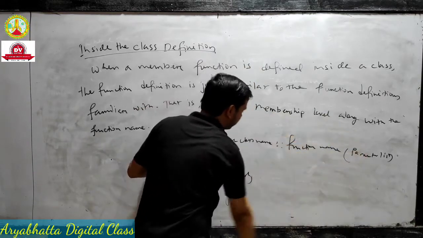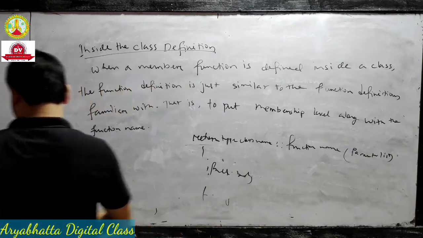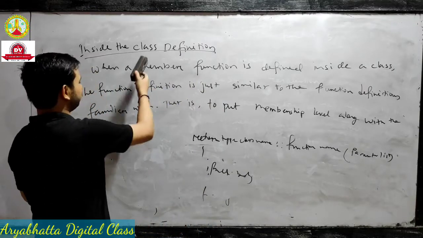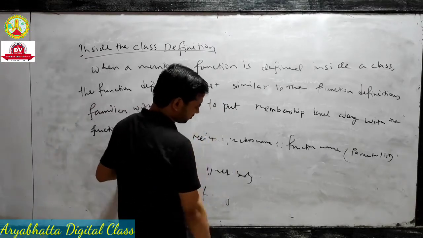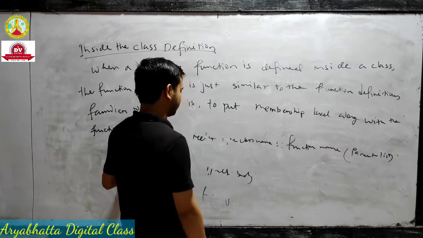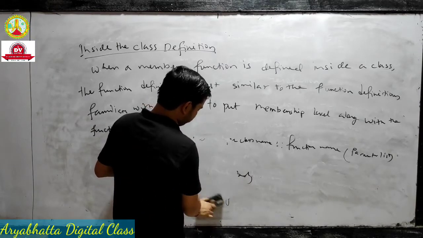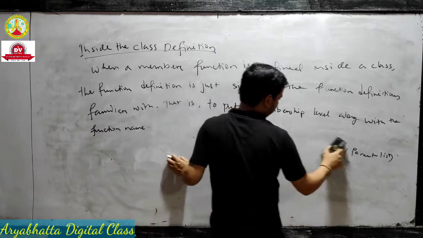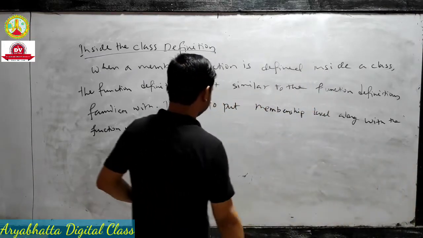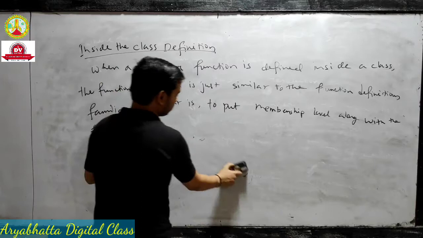The form is similar. Accessibility mode is different. Okay. Inside the class means its accessibility mode is what? Private or protected. But outside the class means its accessibility mode is public. The main difference is that; other things are similar.